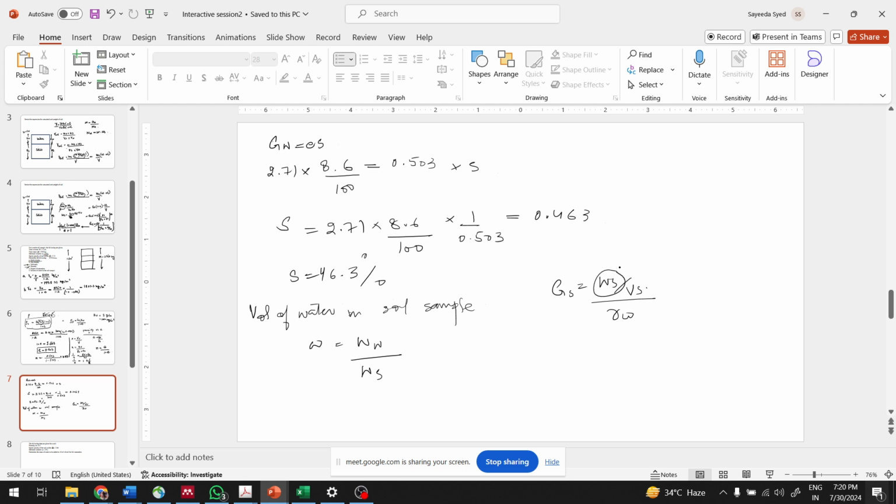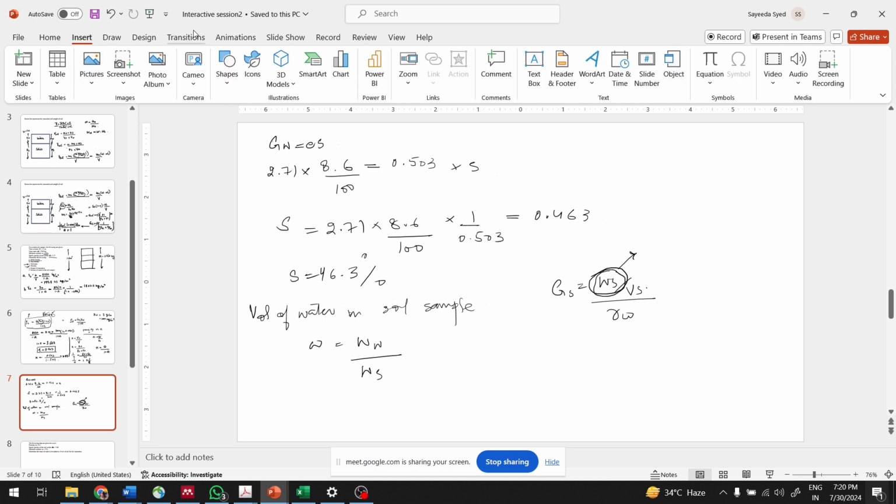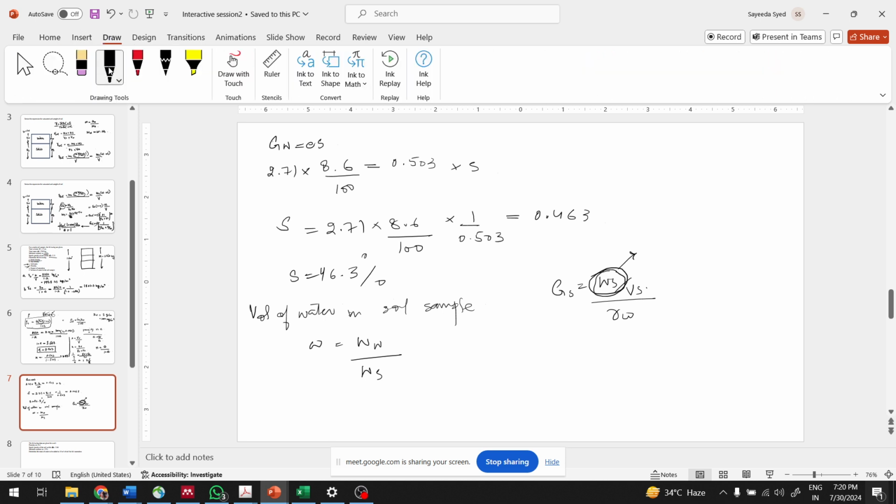Okay, weight of solids will be our weight for gamma D. Okay, let's try to solve this in an elementary way, from the basics instead of going for any formula. Let's go with the basic.